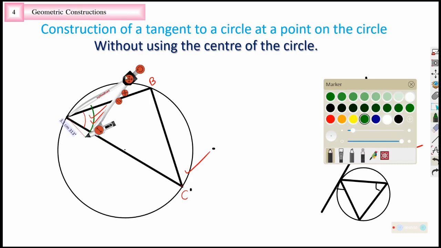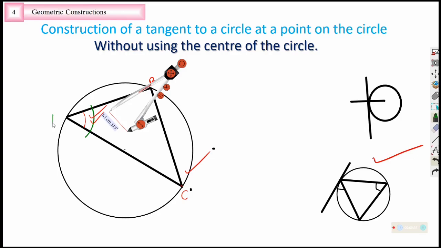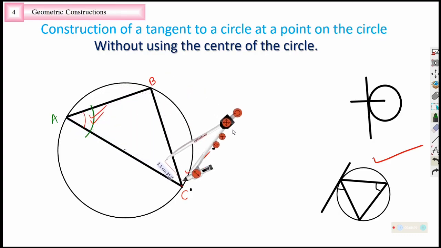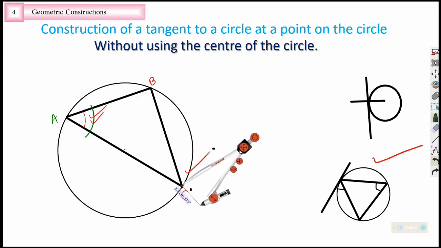Here it is over. This can be written as A, so it became ABC. Take the measure of this particular angle like this and come here where we want to copy it. That angle will be copied here, because we know that there will be an angle here measuring equal to it, and the tangent will have that angle according to this principle.